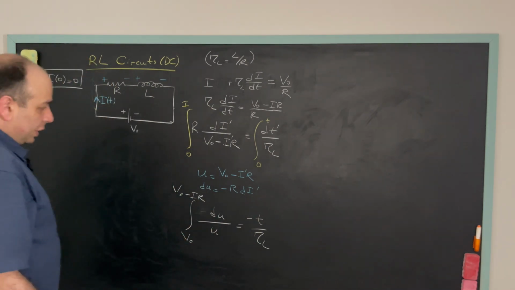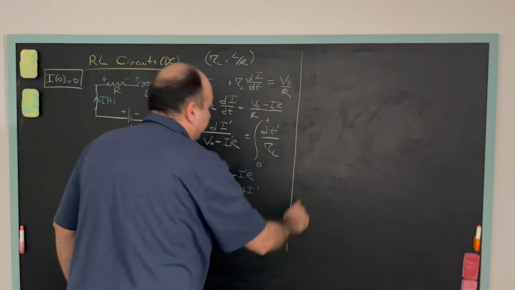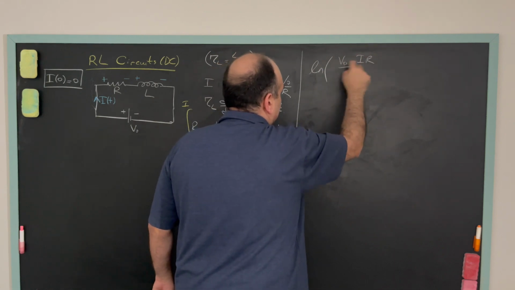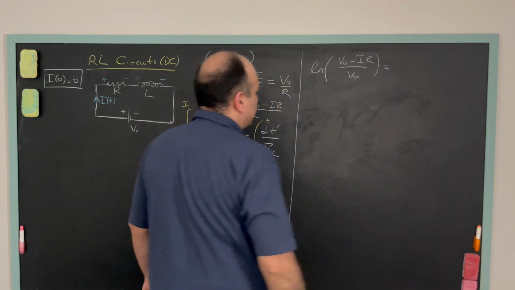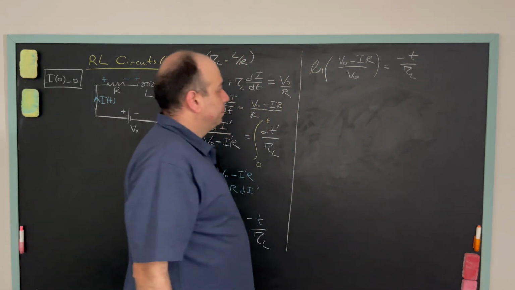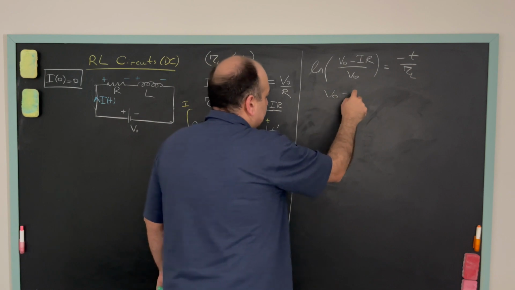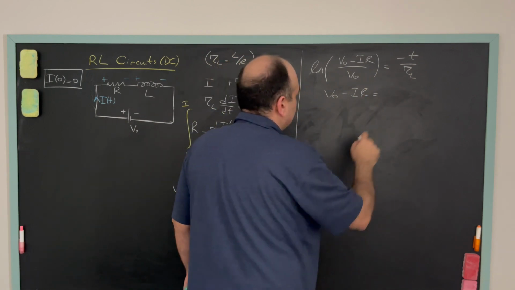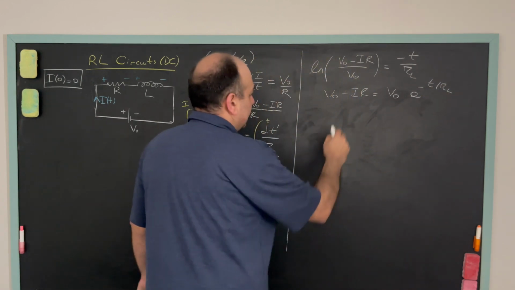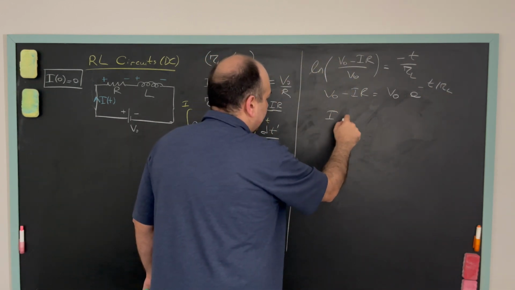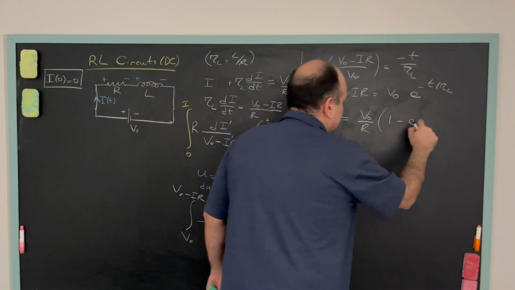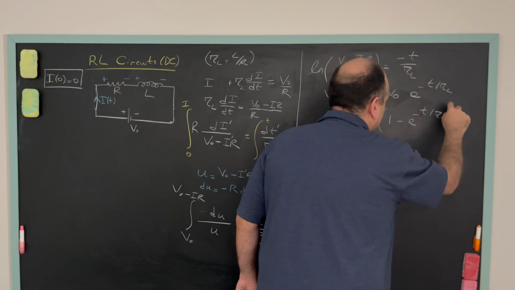So I'll have Ln of (V naught minus IR) over V naught is simply equal to minus t over tau L. Then V naught minus IR is equal to V naught times e to the minus t over tau L. And if I solve for I, what I get is V naught over R times (1 minus e to the minus t over tau L).